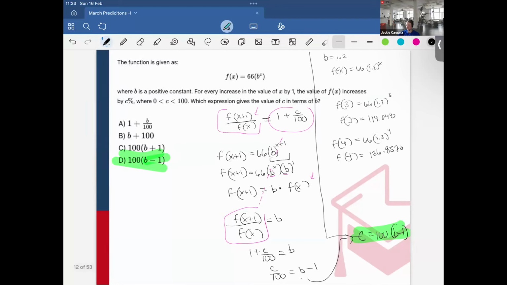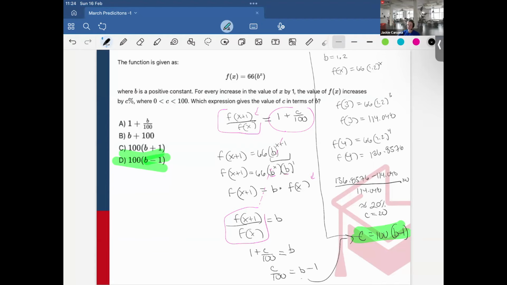And then I would want to find the percent increase between these two. So basically, remember, new minus original, divided by original, multiplied by 100. Which gives me approximately 20%, which means that c is equal to 20.